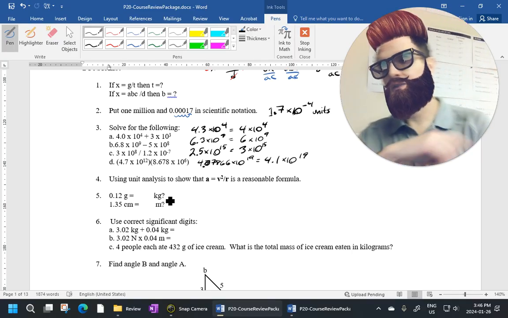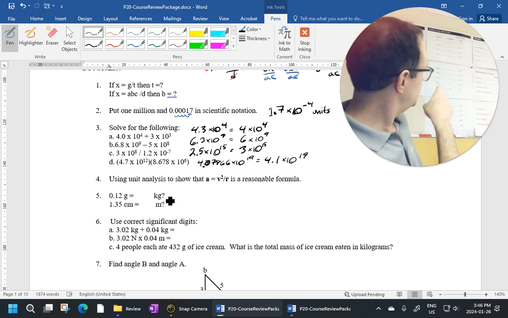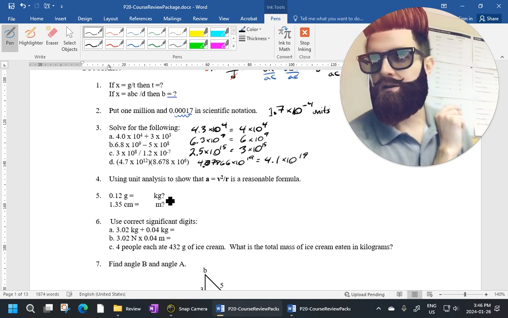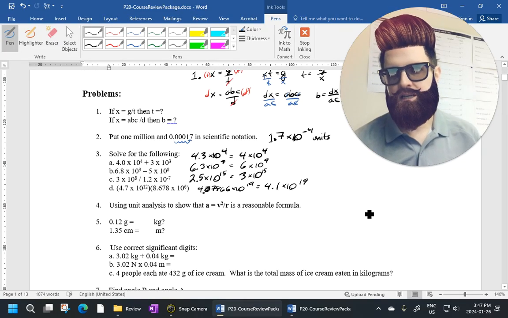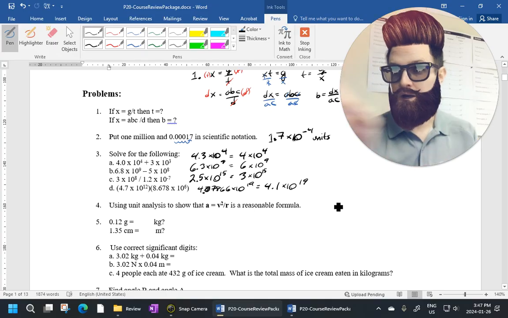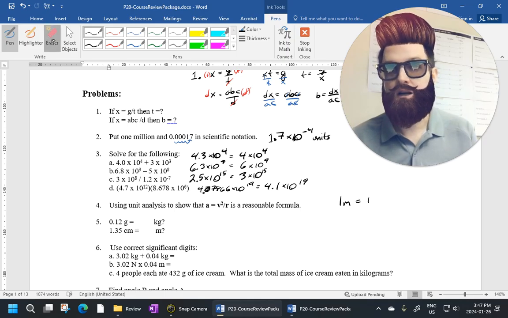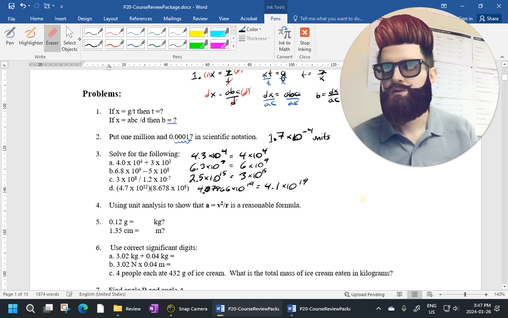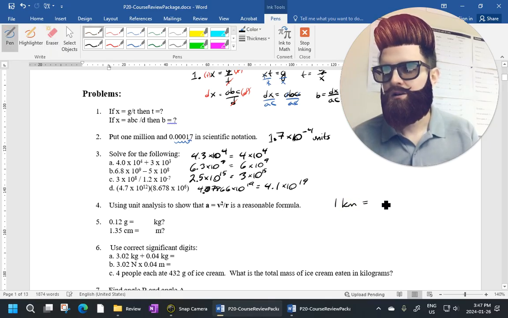So looking back on my formula sheet over here, I know what a kilo is. It's times 10 to the 3, right? So there is a rule, which I don't teach my physics students too often, that if I'm going one way, so say 1 kilometer is 1,000, 10 to the 3 meters.